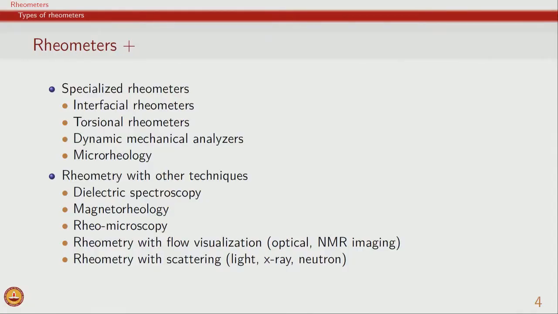If you see that the dipoles are also getting slowed down, then you know that whichever has dipoles is the one which is slowing down. But if you see that mechanically things are slowing down, but dielectrically it does not slow down, then you know that the other component is probably responsible for the overall mobility decrease in the material. So, therefore, you can complement and do dielectric spectroscopy and rheology together.